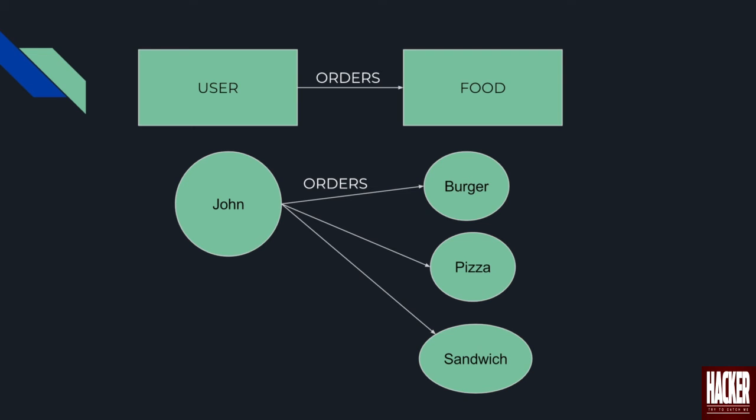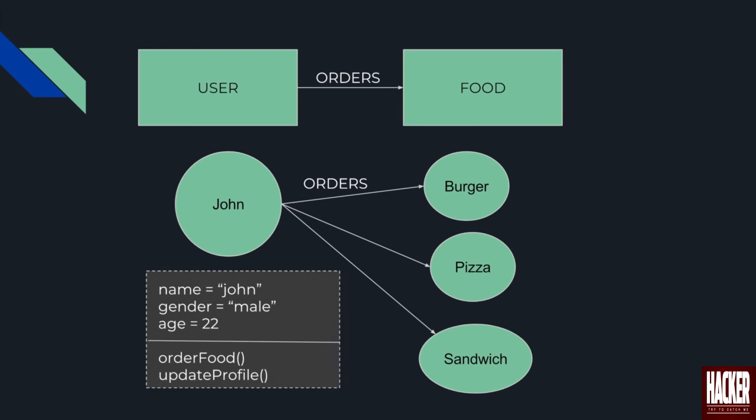In programming, John will be nothing but an object that has a certain state and behavior. John will be represented like this in programming. You can see John has certain state like name, gender, and age, and we have defined that the name is John, gender is male, and his age is 22.